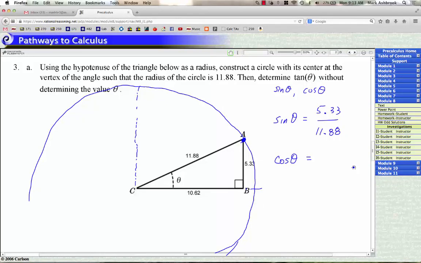Cosine theta. Derek. Why? He said because that's the horizontal distance to the right of the vertical diameter of what point? Of what point?